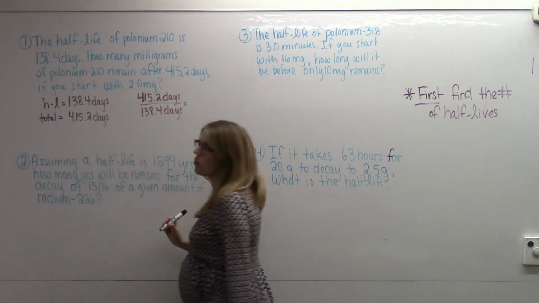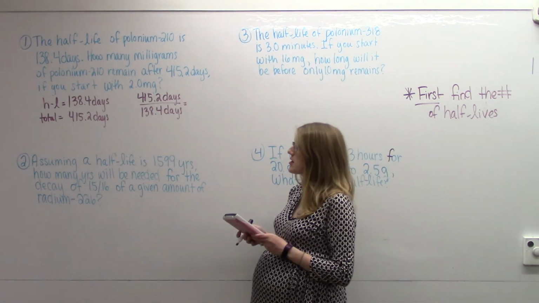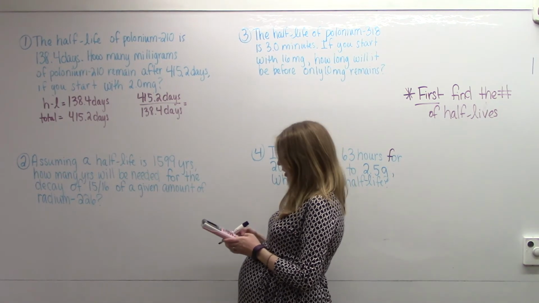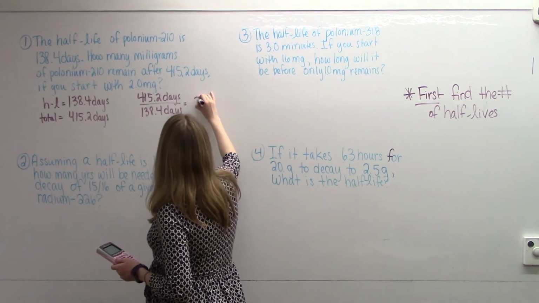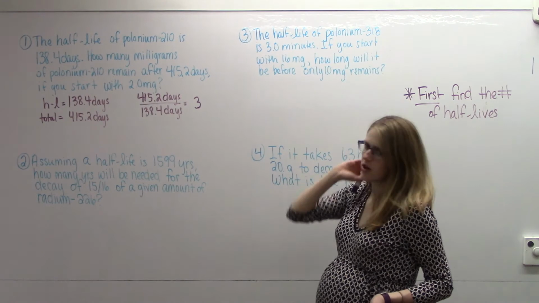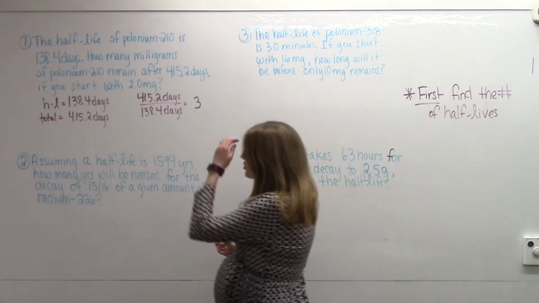We should get a whole number. If you don't get a whole number, you've done something wrong in this class, because I'm always going to give you whole number half-lives. And when we divide those, yay, we get 3. What does that mean? It means you need to divide in half 3 times, okay?